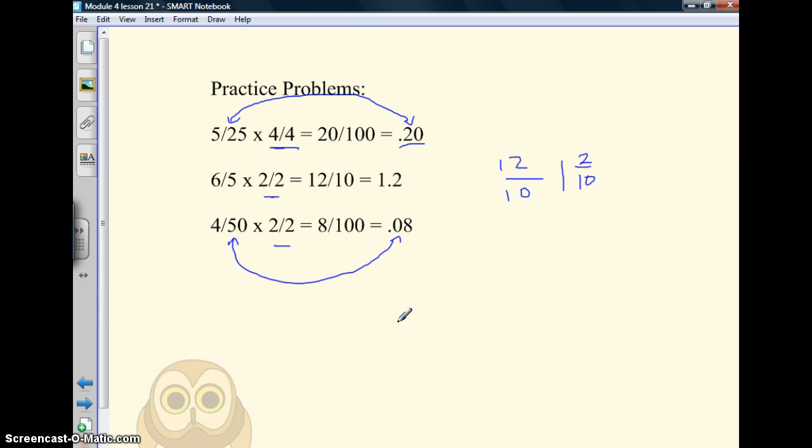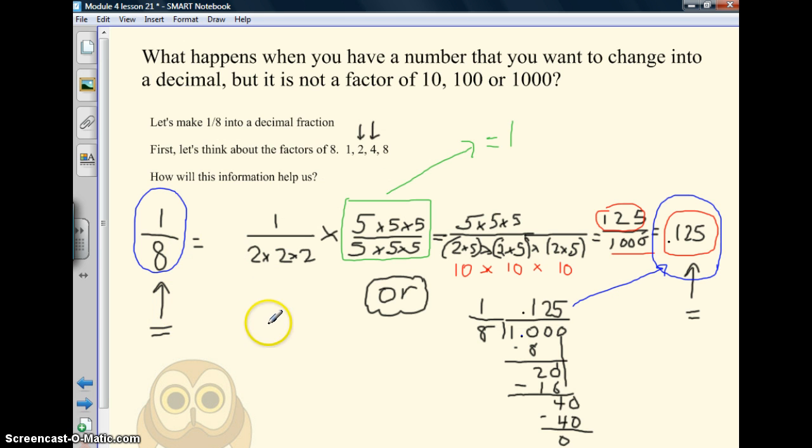Okay, so basically this whole lesson revolves around getting a denominator to be a multiple of 10, because you have to change your fraction into a decimal. That's the deal. And honestly, the 1/8 that came up before over here is like the hardest thing in this whole lesson.